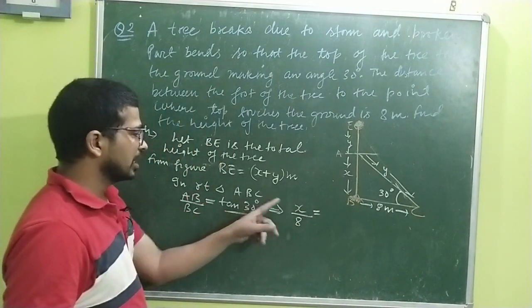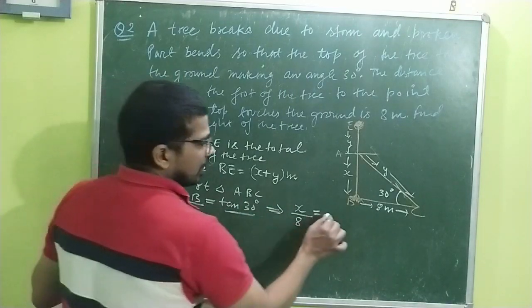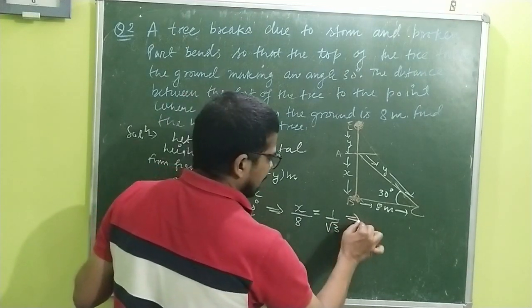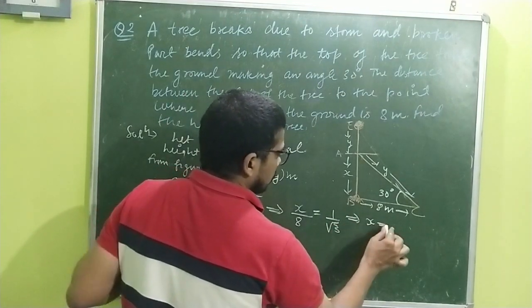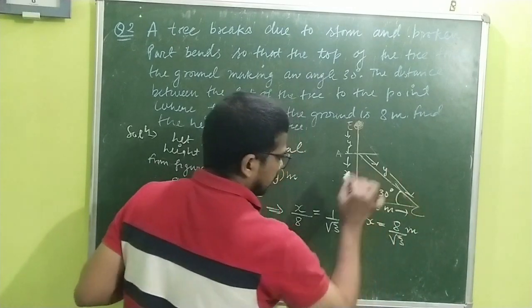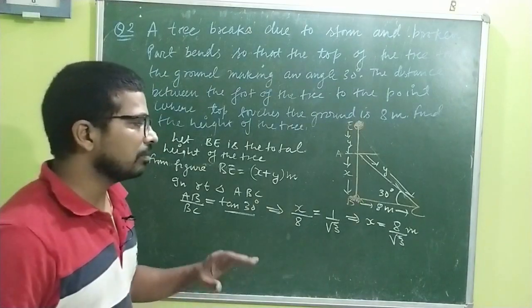Generally it is a ratio, so meter will be cancelled. We know the value of tan 30 is 1 upon root 3. So this implies that x is equal to 8 upon root 3 meter.